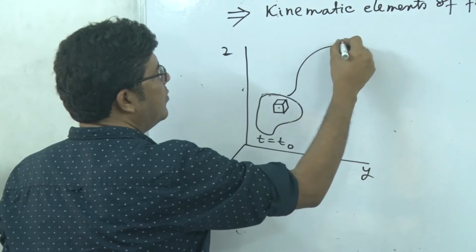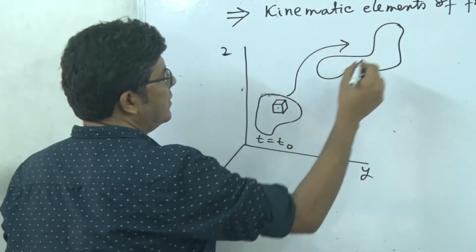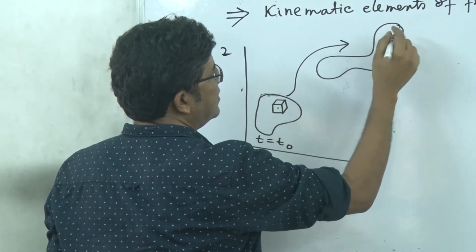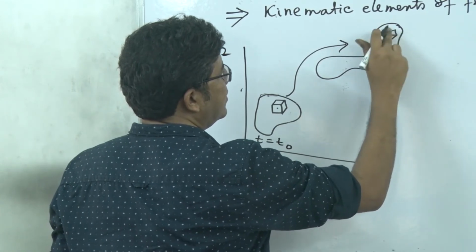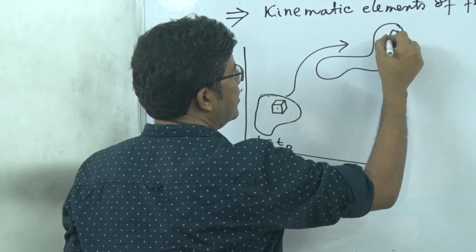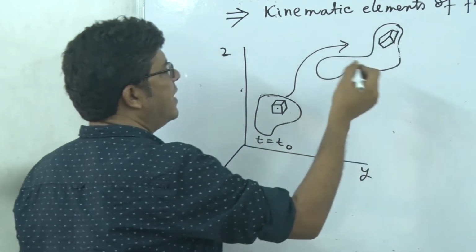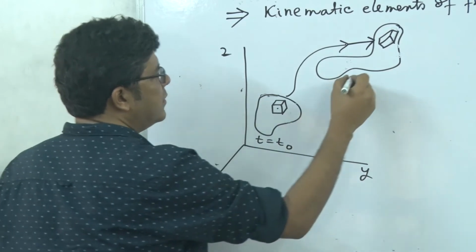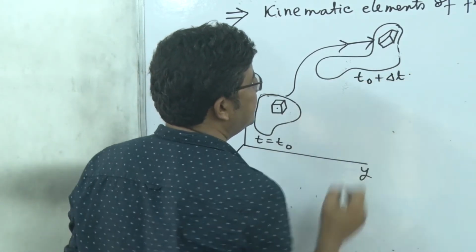So in its course of motion, it will be acquiring a shape like this, and the same differential control volume may be having a shape which is totally changed from the previous one, right? So this is the situation at t0 plus delta t.